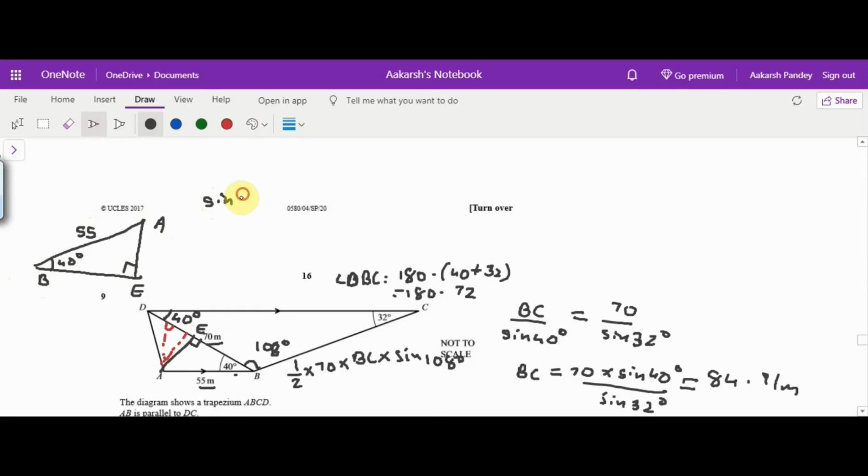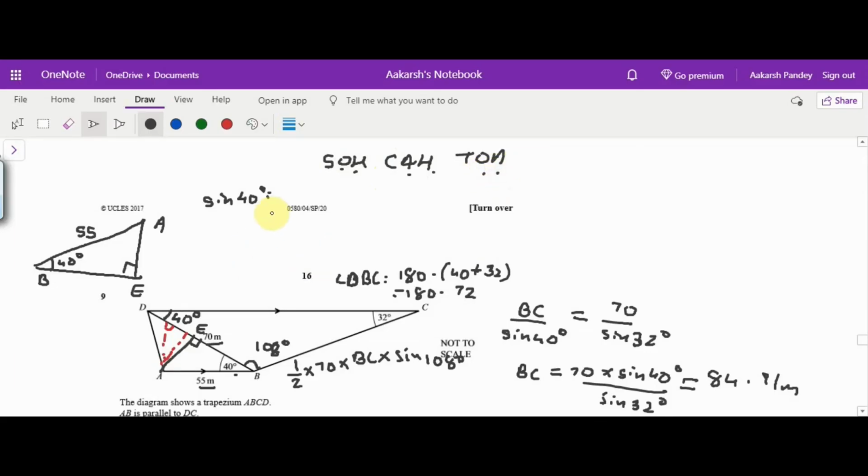So sine of 40 degrees is equal to, you can remember this, SOH CAH TOA. For sine you have opposite upon hypotenuse, for cos you have adjacent upon hypotenuse, for tan you have opposite upon adjacent.